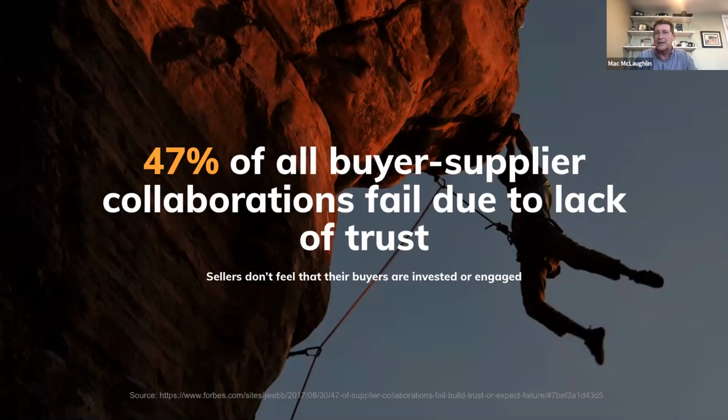Collaboration efforts fail, and asking your supplier to provide electronic invoices is a collaboration effort. They fail due to lack of trust. It's been the history we've had. I'm not getting any value by doing this. This is all for the buyer, there's nothing in it for me, is typically what sellers and suppliers say.